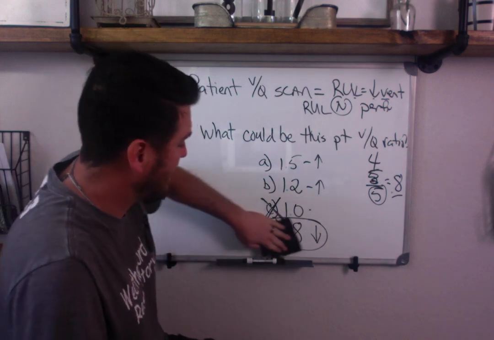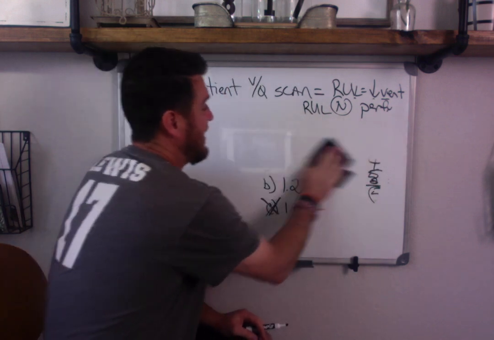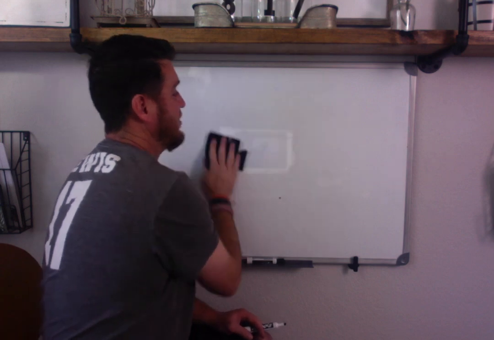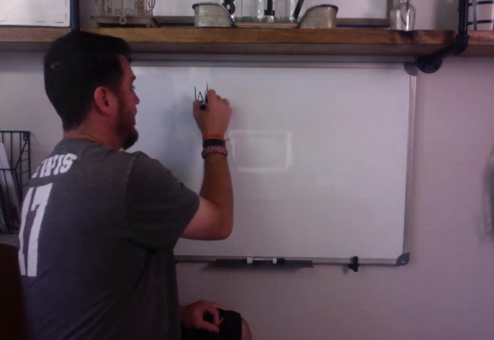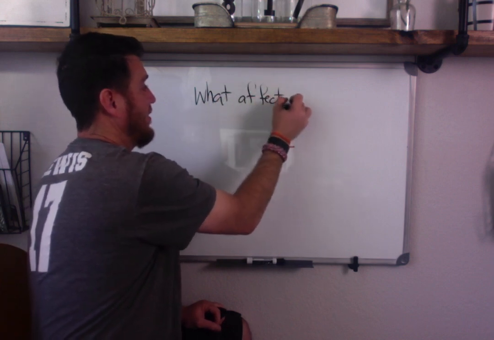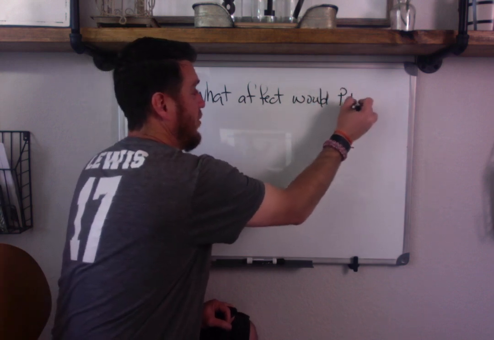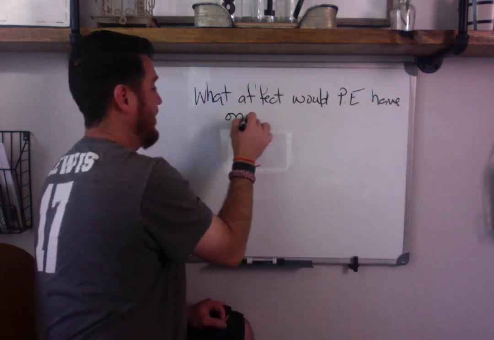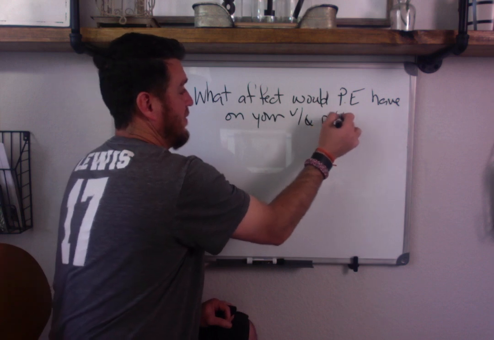Okay? Let me give you another example. This is another example, kind of the same type of thing, related to VQ ratio. What effect would a PE, pulmonary embolism, have on your VQ ratio?